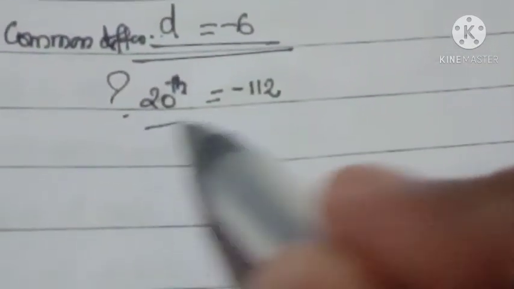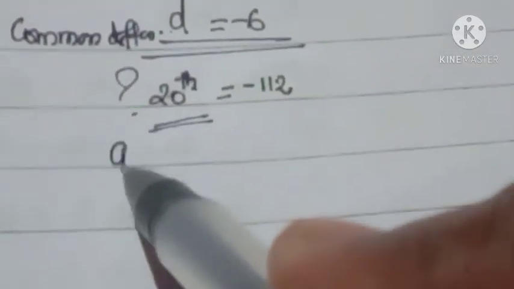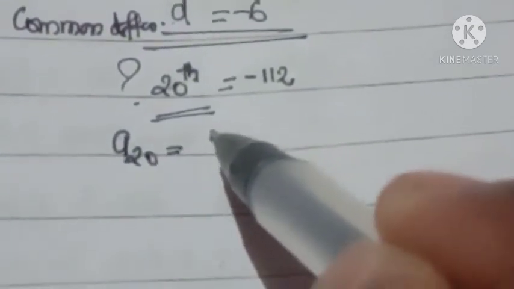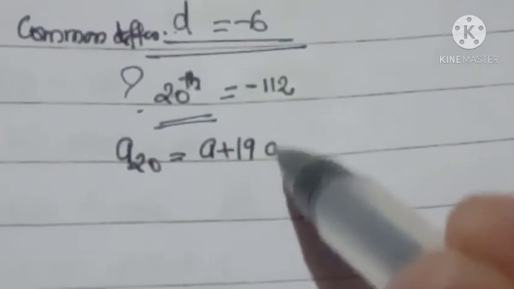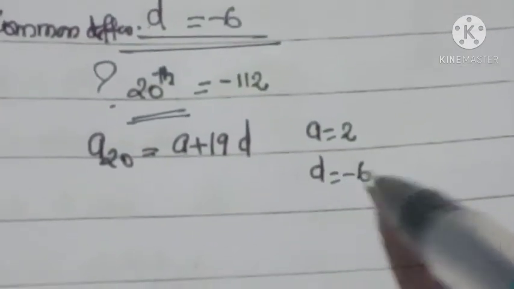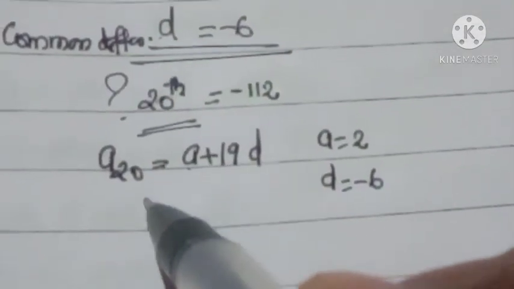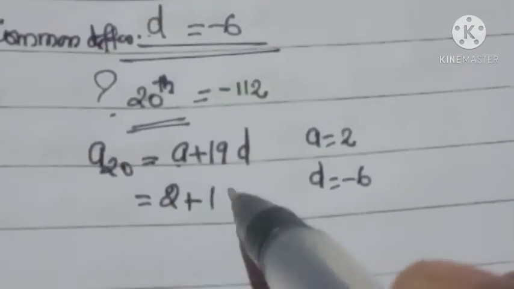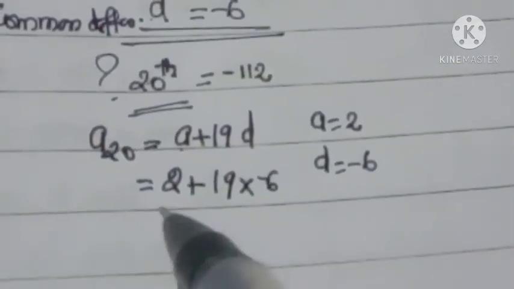So we need to find the 20th term. The 20th term A20 can be written as A plus 19D. Here A is 2, D is minus 6. So put A and D here. 2 plus 19 into minus 6.